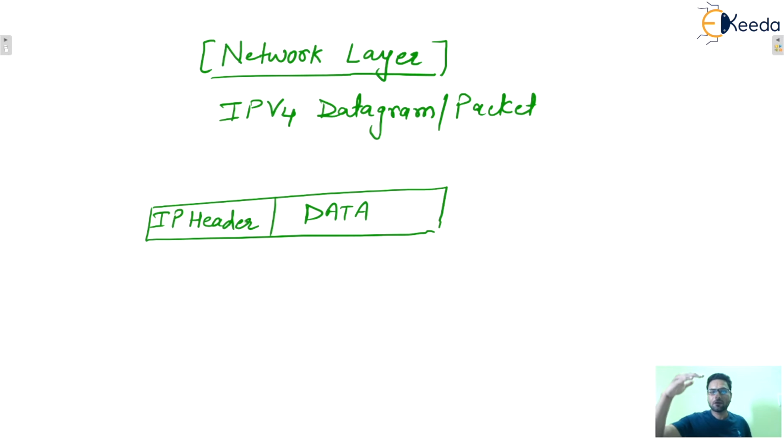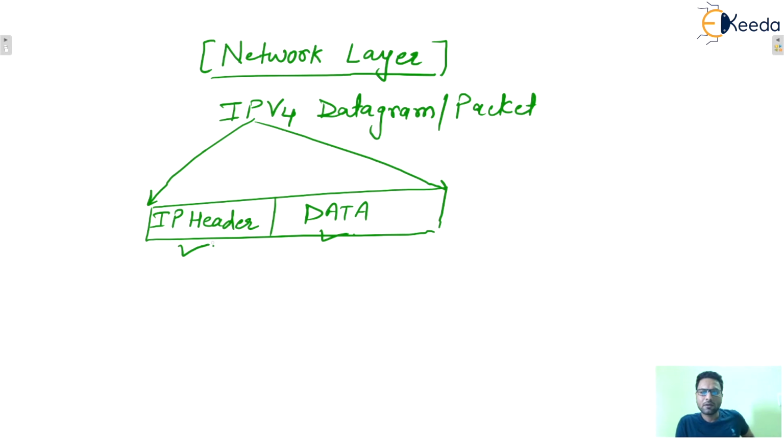Whenever a packet comes from the upper layer, the transport layer, to the network layer, the network layer will attach some header. So this is the IPv4 datagram, which contains the IP header as well as the data.